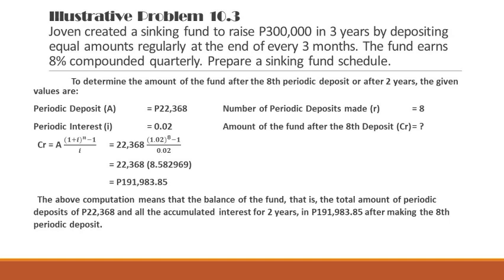Given the formula, C, the amount of the fund after the 8 deposits, is equal to the periodic deposit multiplied by the quantity 1 plus the periodic interest raised to the power of the compounding period, minus 1, over the periodic interest. By substituting these values, we get the amount of the fund after the 8 deposits of 191,983 pesos and 85 centavos.